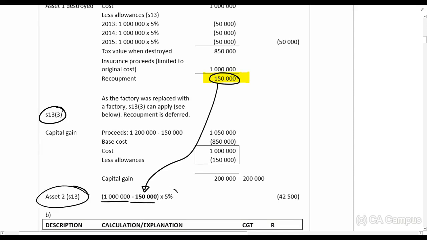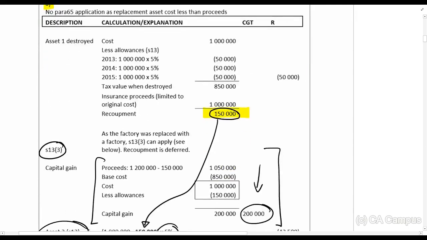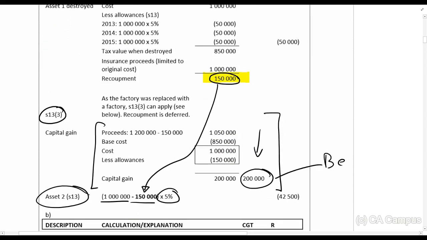Can you see when you're calculating the allowance? So you reduce the cost of the asset. But look at the capital gain. The capital gain is still calculated as normal and you get taxed on it in full in this year. Why? Because paragraph 65 does not apply.